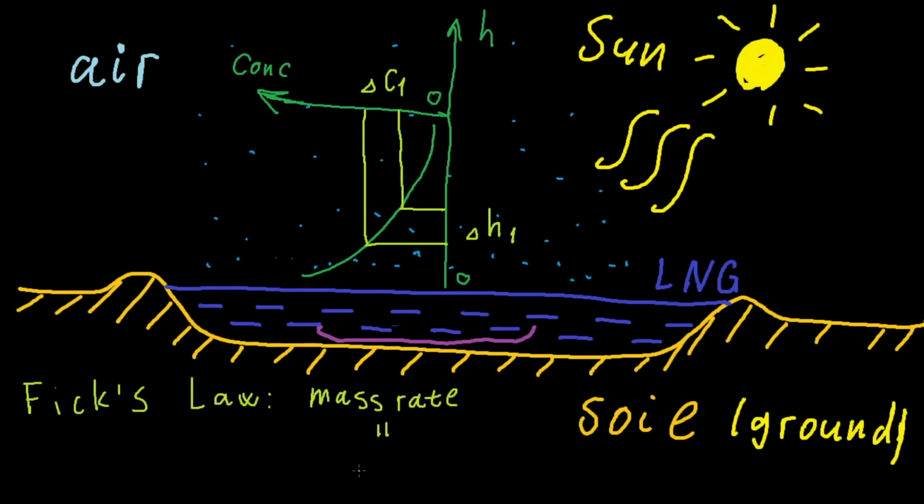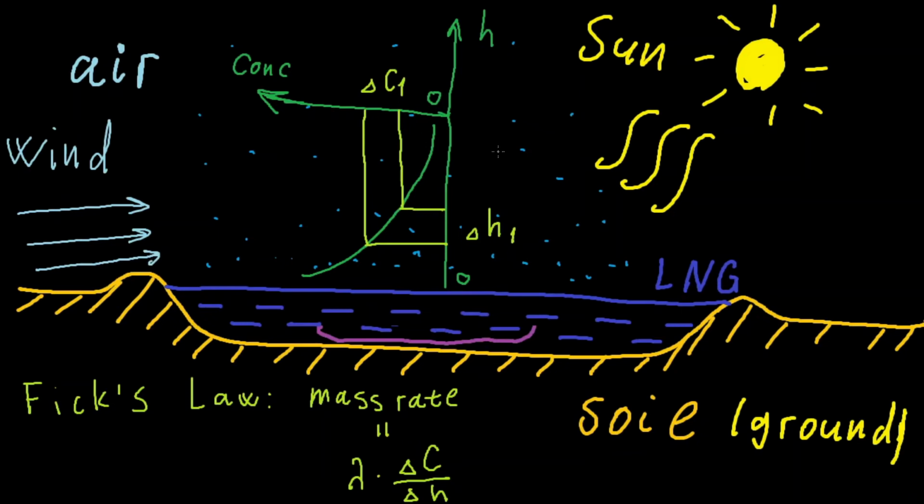The greater the wind speed, the greater the gradient of concentrations near the boundary layer, which is obviously the surface of contact of the liquid pool and atmosphere. It happens because wind all the time pushes air into the evaporation area, decreasing the concentration of the evaporating substance in the vicinity of the boundary layer.